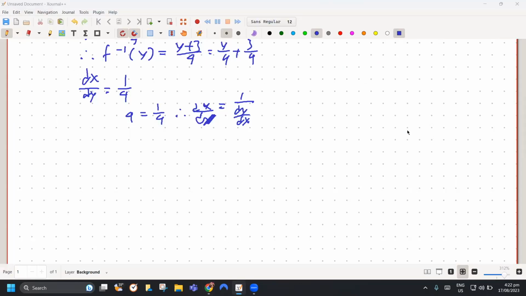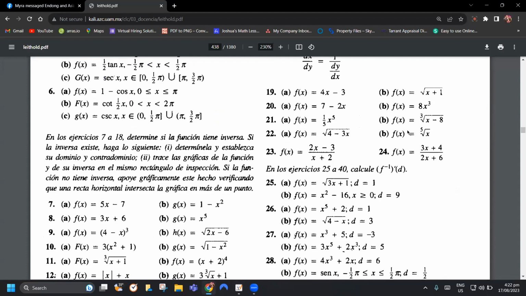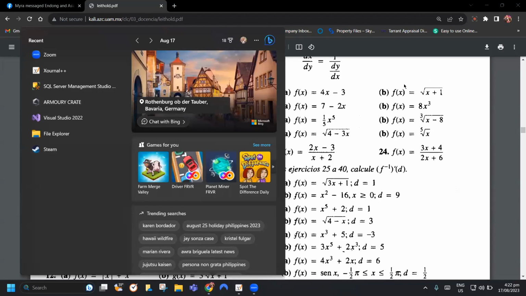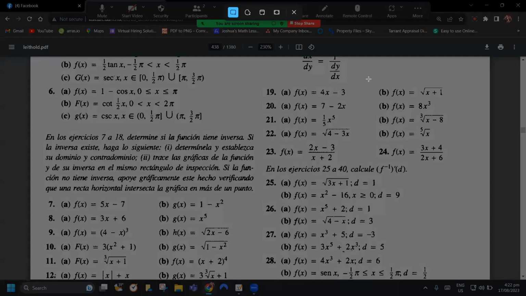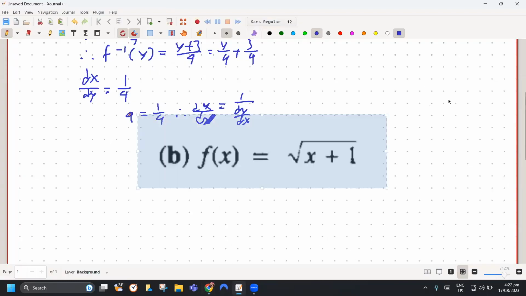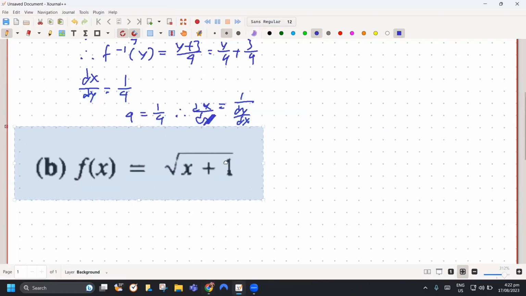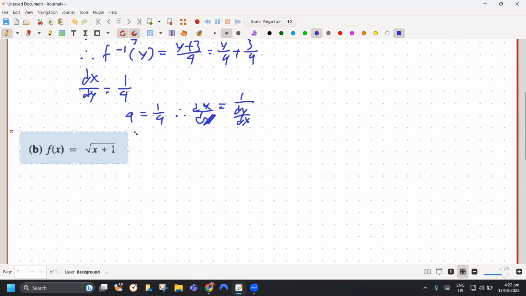Okay, so letter B naman. Okay, so that's y in terms of x.